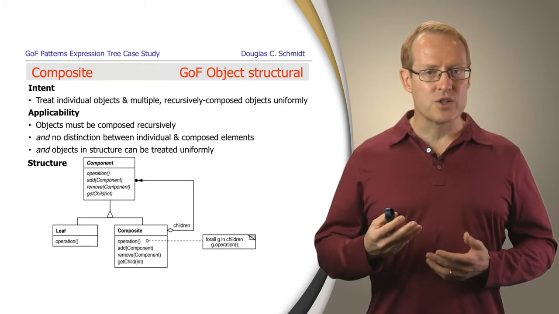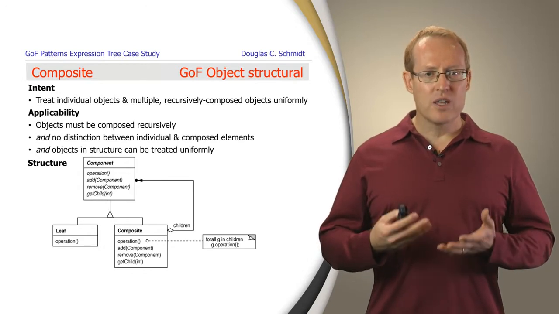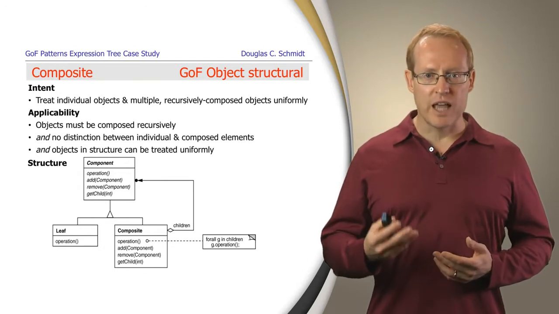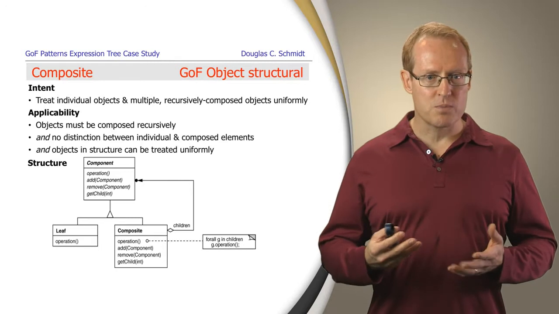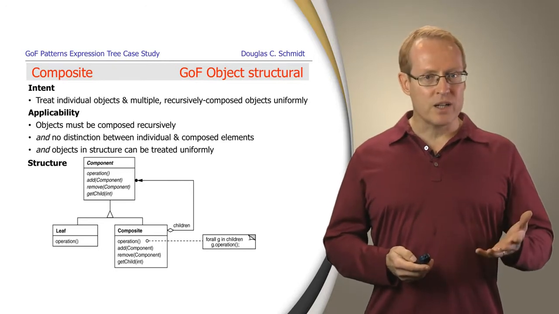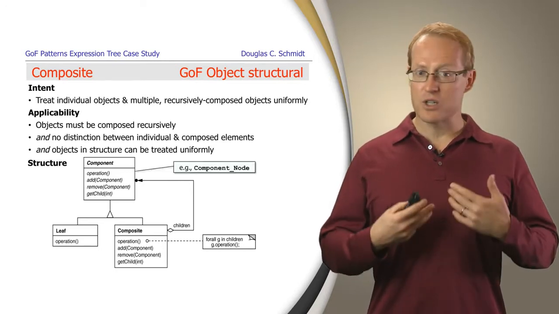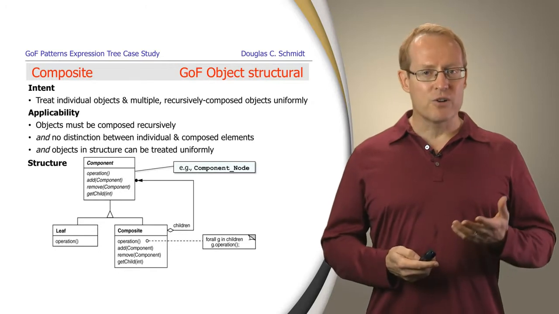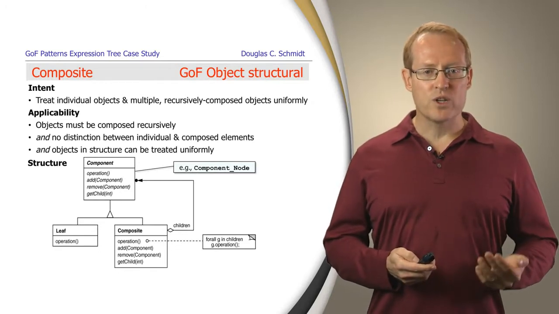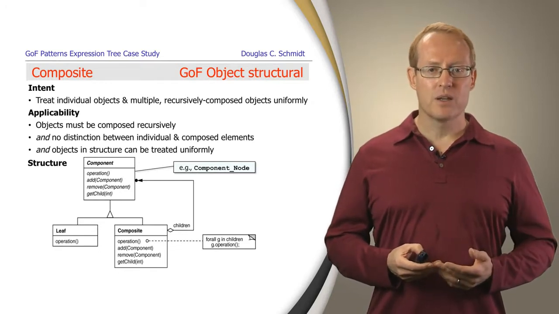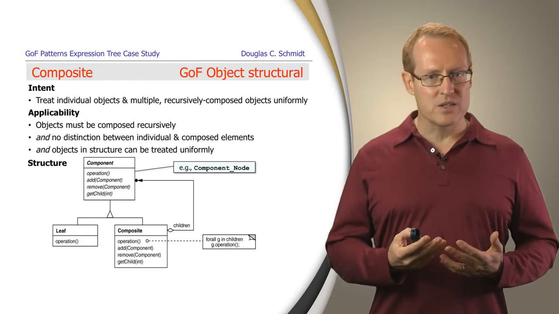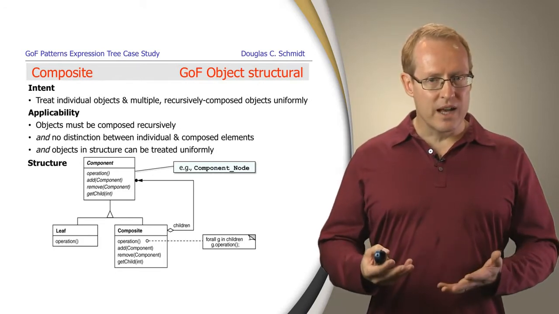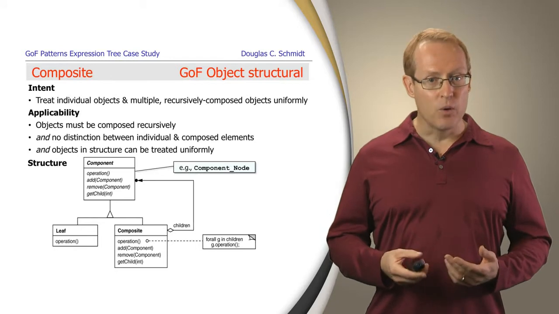This slide also illustrates the Gang of Four UML diagram that shows the relationship between these various roles and responsibilities. We have the component class, which is the base class, such as our component node. The pattern defines a composite class, which, as you can see, inherits from the component class and also has one or more pointers back to components.